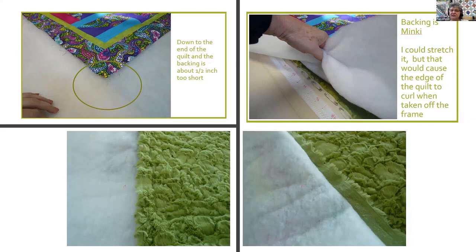I could have stretched it, but that would have really made it worse. It would have curled up. So what I did was I allowed this to float instead of stabilizing it by stitching it down the sides, and it was able to shrink up enough that I cleared that zipper. Not by much. You can see at the bottom how much I was able to salvage was just enough that went onto the zipper.